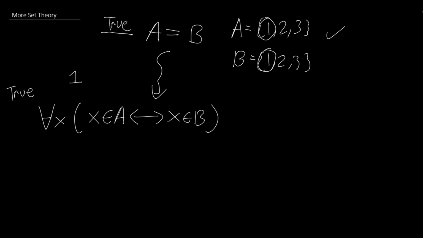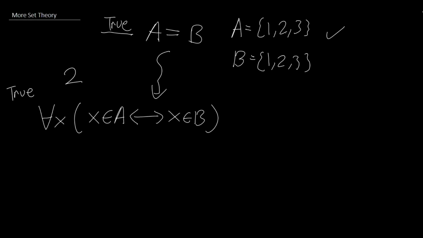But we should also go the other way around. If x is in B, then x should also be in A, which certainly is true as well. Because if the number 1 is in B, then the number 1 is also in A. So that checks out. But this should work for all values of x. So we can pick the number 2 as well.